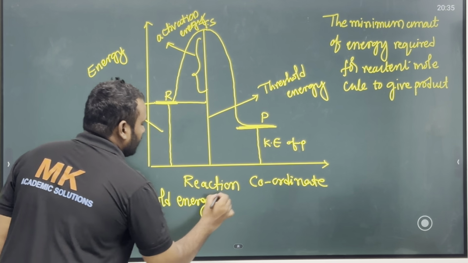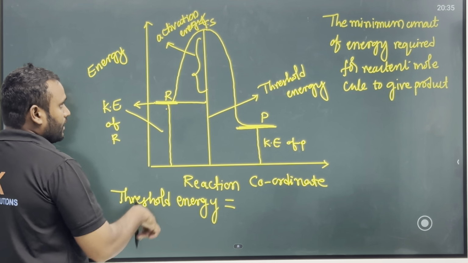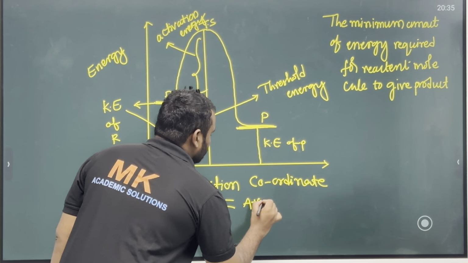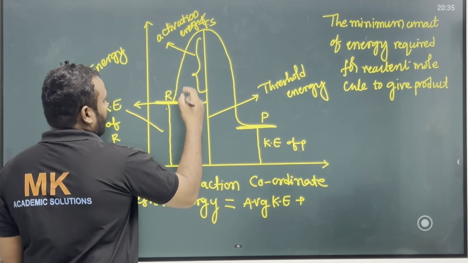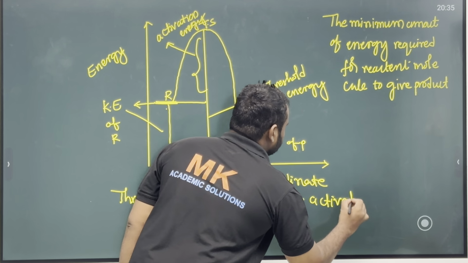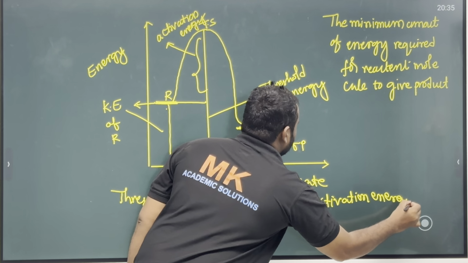So now threshold energy we can write as the average kinetic energy of reactant plus activation energy. Simply you can remember in this form.